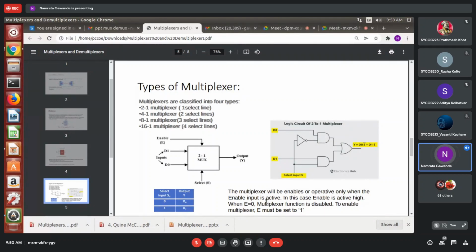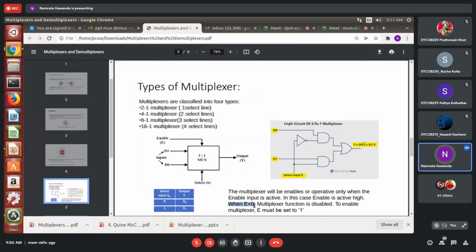Enable is also known as a strobe. So the MUX circuit only works when that enable input is active. Active means active low or active high. Active high means it should be connected to high voltage, meaning 1. Active low means it should be connected to ground. So active low means E equal to 0.